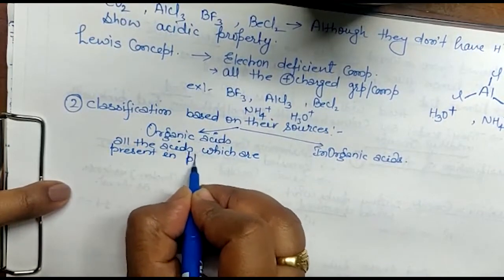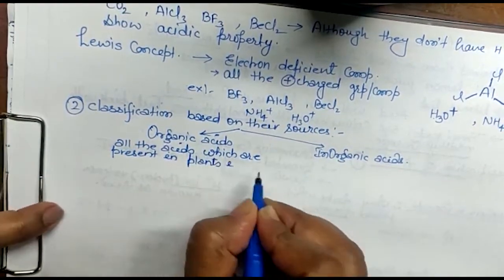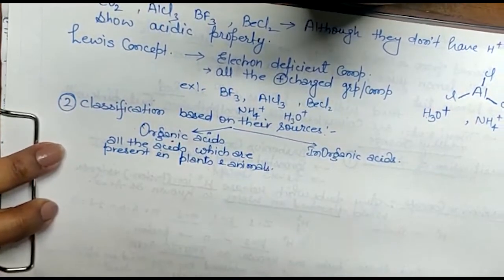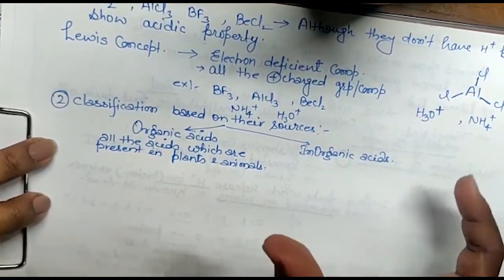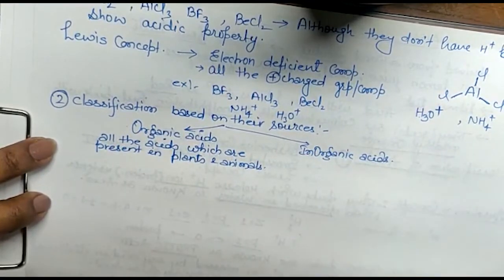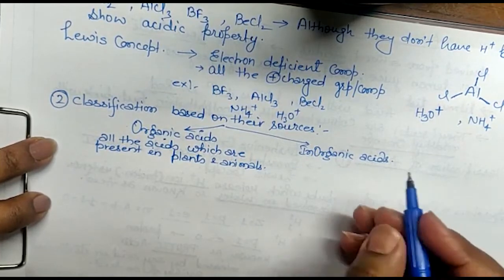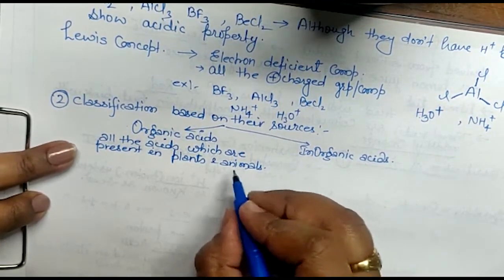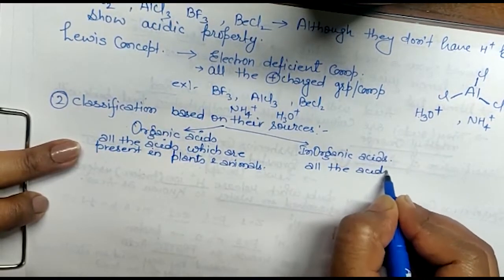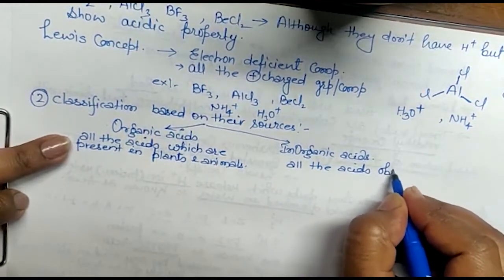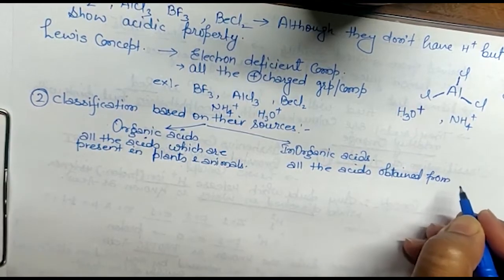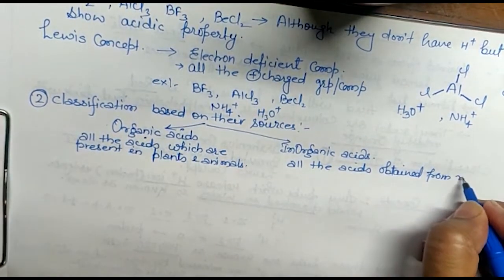Inorganic acids are all the acids obtained from rocks and minerals.